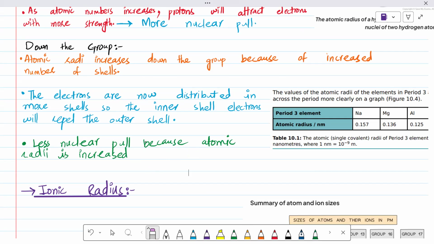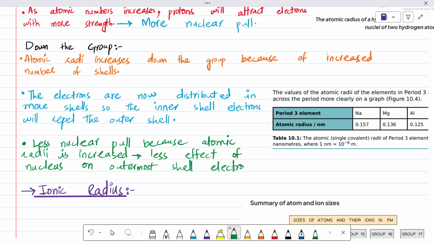When the atomic radii increases, what will happen? There will be less effect of the nucleus on the outermost shell electrons.